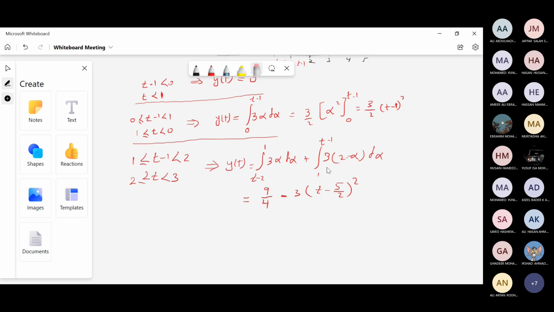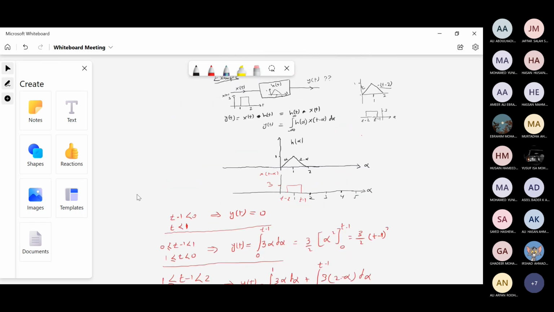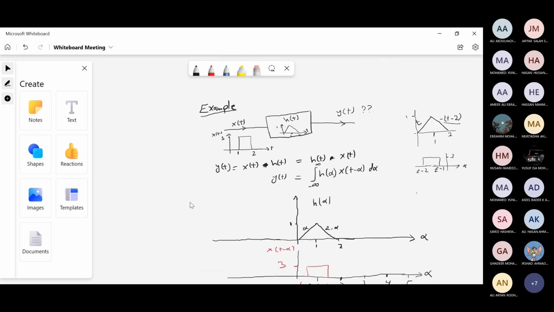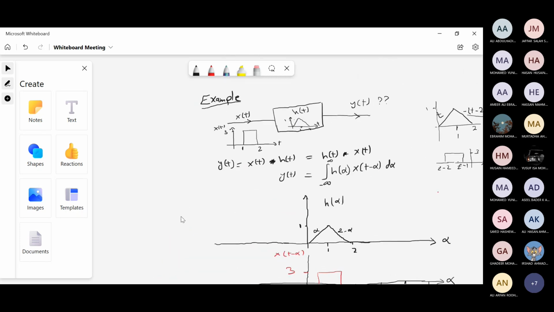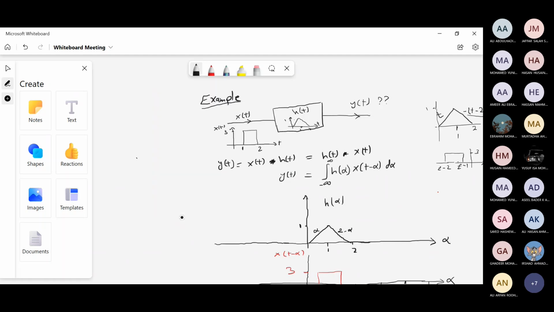Let me do this. I have the answer for 5 actually. Okay, just to be sure of this, let me change this one to 5. So this is 5. Then this is 5.